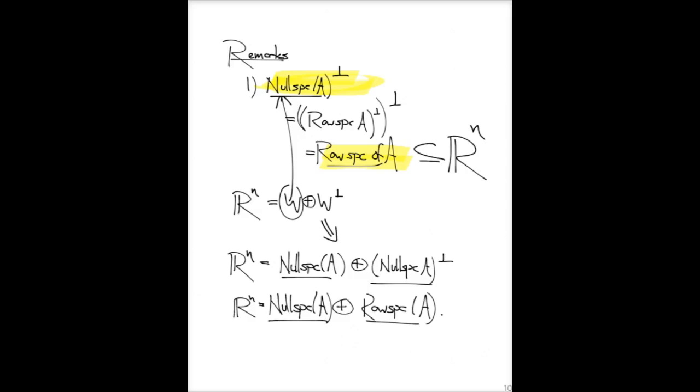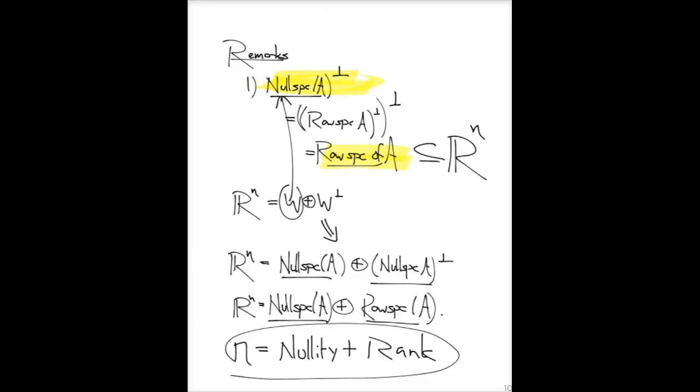The dimension of Rn is, of course, n. The dimension of the null space of A is, of course, the nullity of A. And the dimension of the row space of A is, of course, the rank of A. And so we again wind up with essentially an alternate proof of this big result that the rank plus the nullity of a matrix is just equal to n. And that's the end.